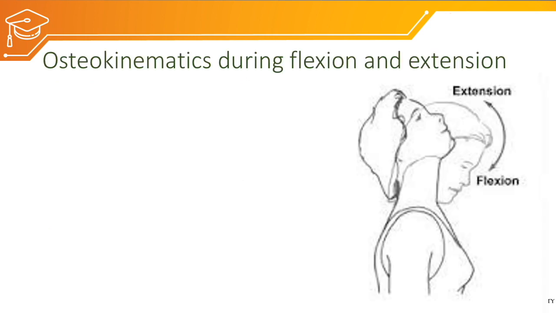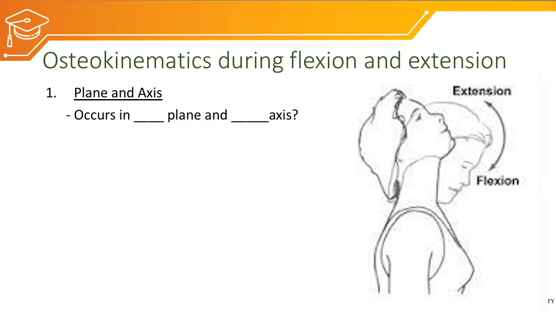Second point we have to discuss is the plane and axis. Flexion and extension occur in which plane and which axis? You can pause the video if you want to practice your knowledge.